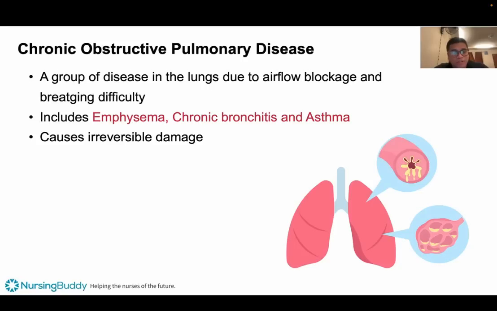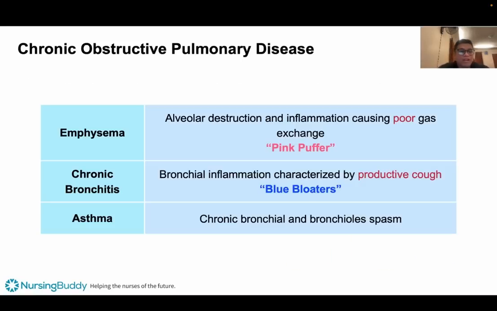And it also causes irreversible damage. So damage in your COPD is irreversible. Remember that one. Okay. So again, three combinations of your diseases here. We have your emphysema, which is the alveolar destruction and inflammation causing poor gas exchange. This is otherwise known as your pink puffer. Chronic bronchitis, okay?